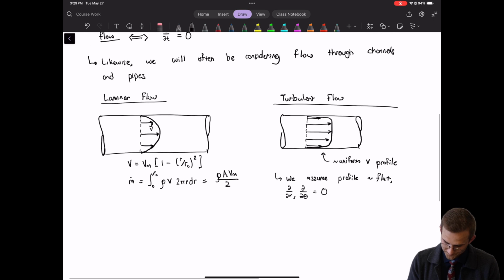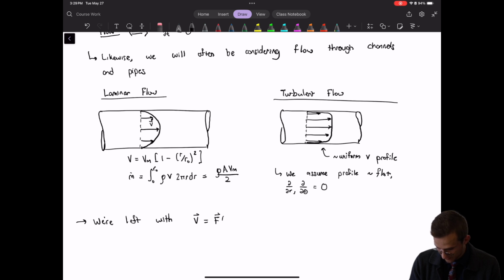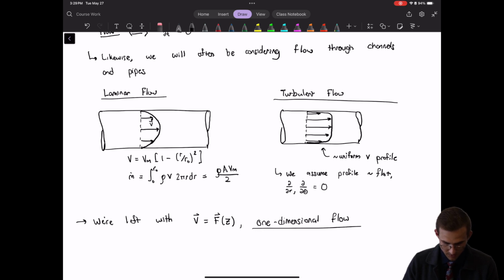And so we're left with our velocity field being just a function of z only. And this is what we call one-dimensional flow.